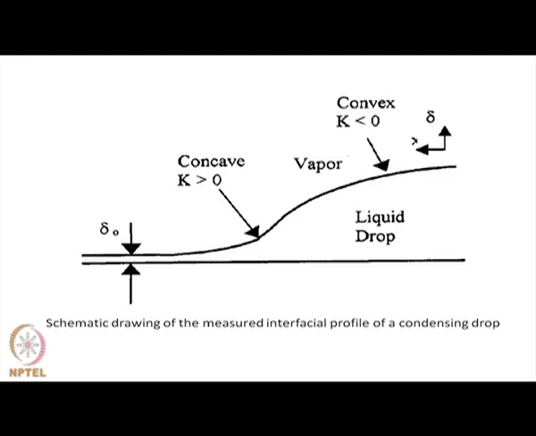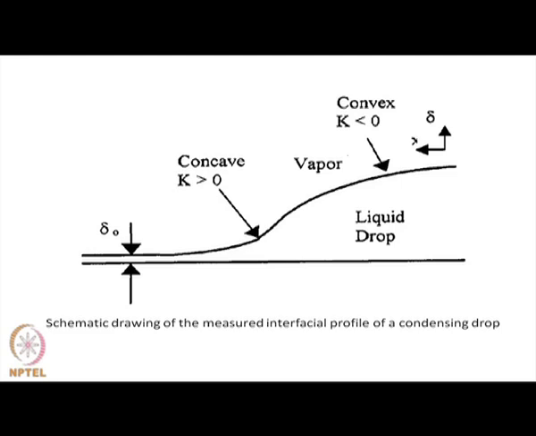Now, the situation is slightly different if we look at a partially wetting film. In this schematic drawing of the interfacial profile of a condensing drop, the liquid drop starts convex at the top, so its curvature K is less than 0.